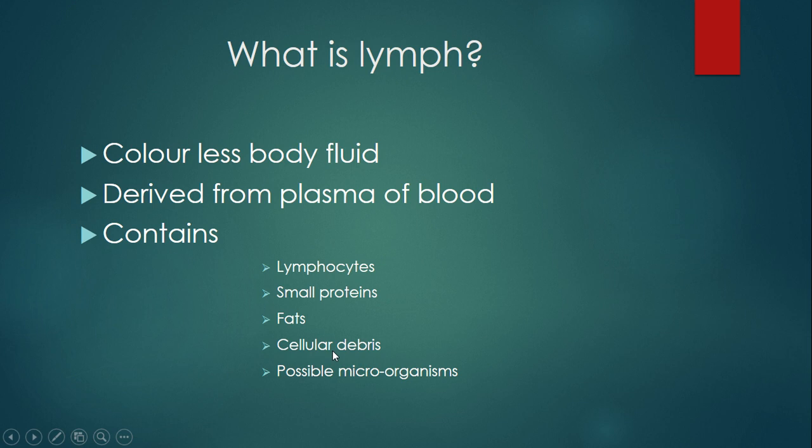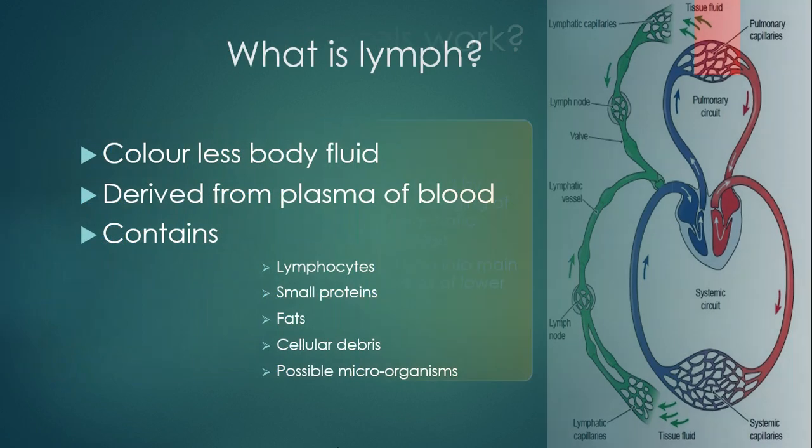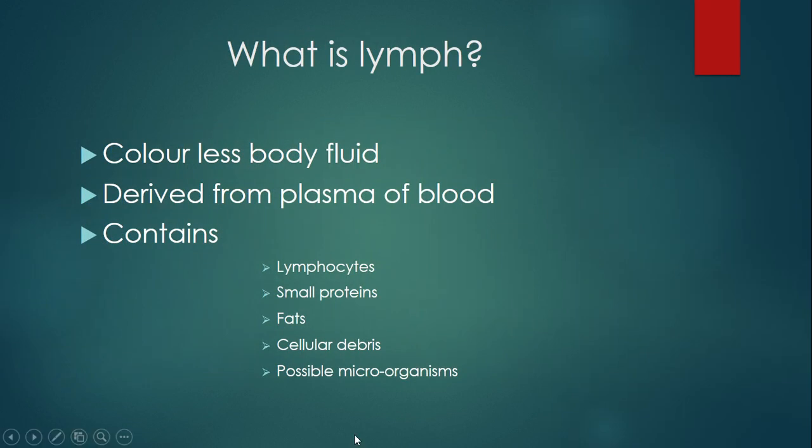You may say it could be the waste from the cells, and possible presence of a microorganism in this fluid. So once the leftover plasma, or you may say the leftover interstitial fluid, is carried by the lymphatic vessels, then it is known as lymph.